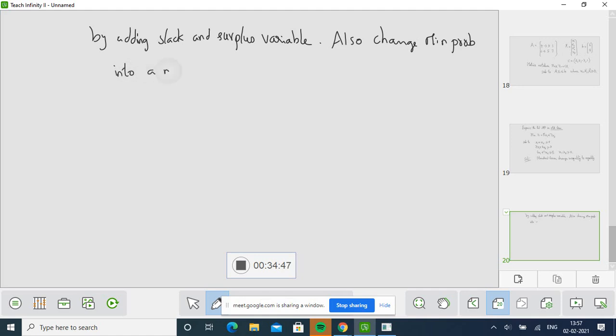How are we going to change it? We have minimum z is 5x1 plus 7x2.